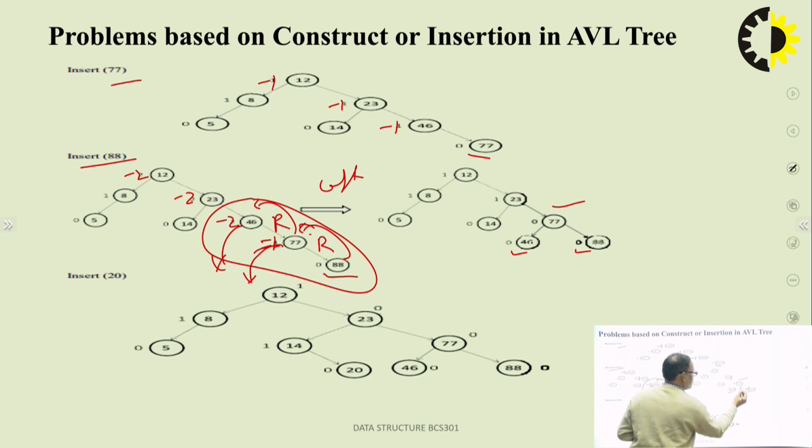The balance factors are 0, 0, 0, 0, -1, and again the balance factor of this is -1. So the tree is balanced.